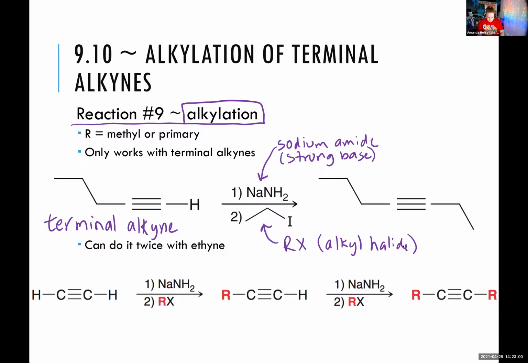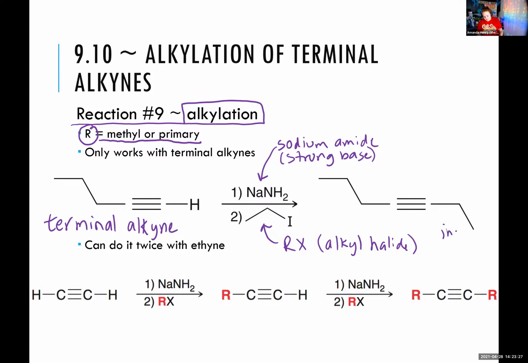The R group has to be a methyl group or a primary group. So where that halogen is attached, either just needs to be a methyl group or it needs to be attached to a primary carbon. This doesn't work with secondary or tertiary. They're just too bulky. There's too much steric hindrance. What we're going to produce is an internal alkyne.